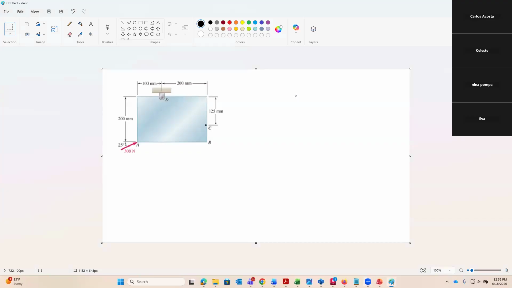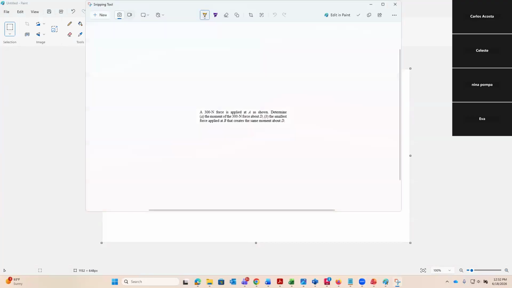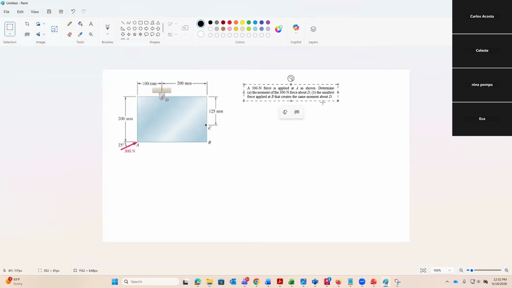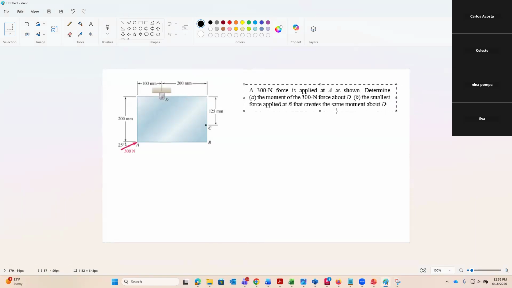Okay, so different questions here. It says a 300 Newton force is applied at point A, right there. Determine the moment with respect to D and the smallest force applied at B, Bravo, that creates the same moment at D. So there are two questions.